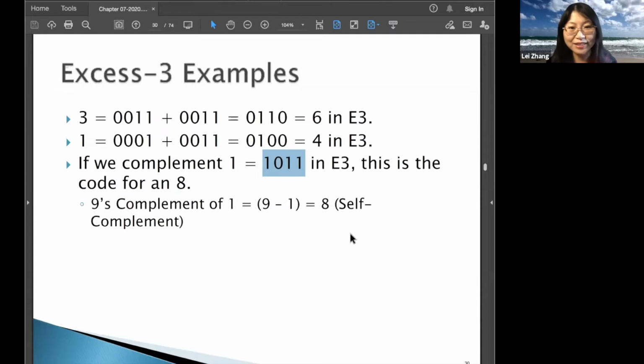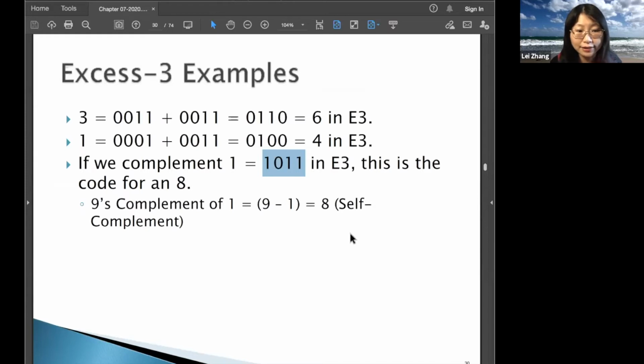When we learn 1's complement, it means every bit needs to be flipped. When we learned 2's complement, that means we need to flip every bit plus 1. So this excess 3 coding manner actually gives us nice complement.